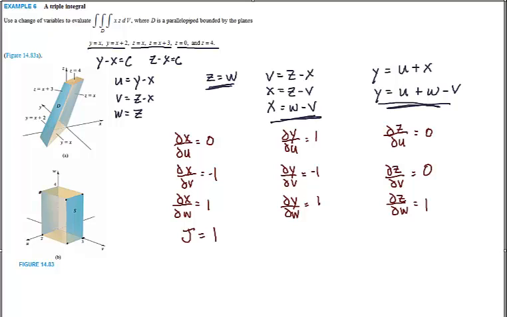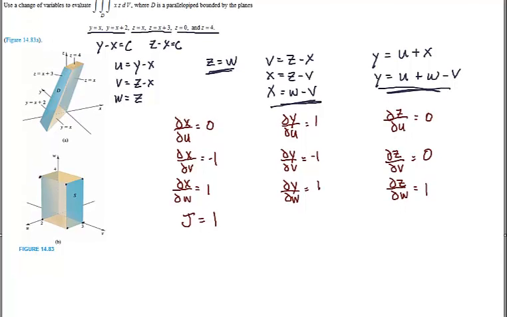Alright, we've gotten the Jacobian for this, so let's see, my integral is going to look like x is w minus v, and z is just w, and this is going to be du dv dw, getting my boundary points and figuring out that u is going to vary between 0 and 2, v between 0 and 3, and z varies between 0 and 4.